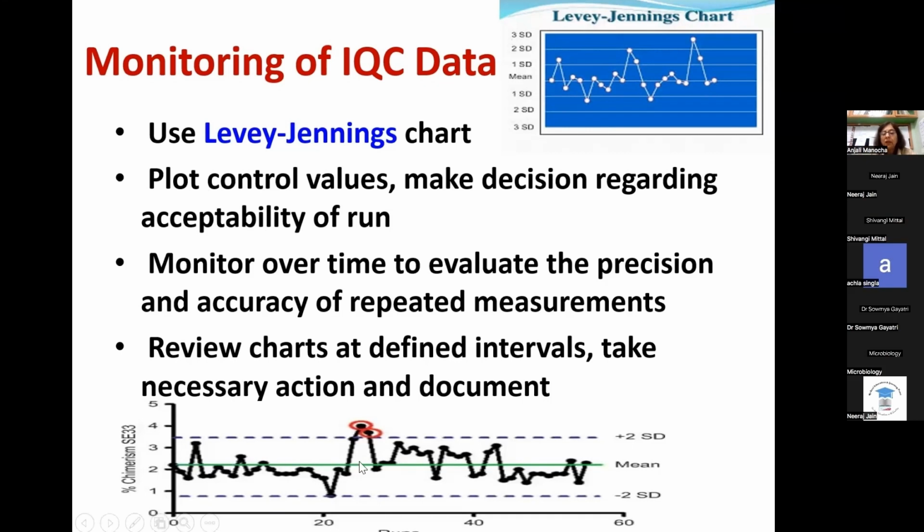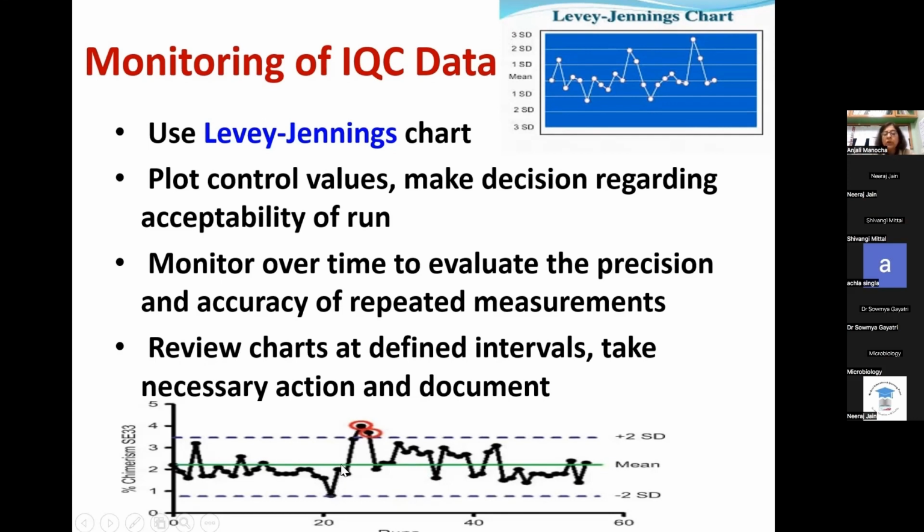So if we are running our control values and we are seeing something here, and if we were looking at the end of the month, we would have come and seen here, and we would have missed this happening here. But if we had checked regularly and monitored, we would have seen that right here there is a shift. It has gone here.